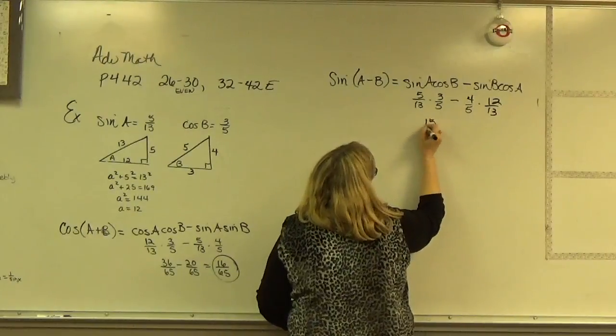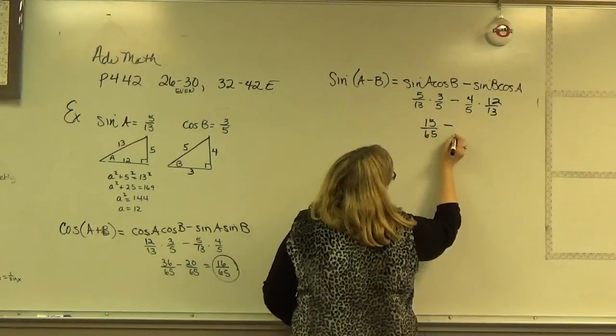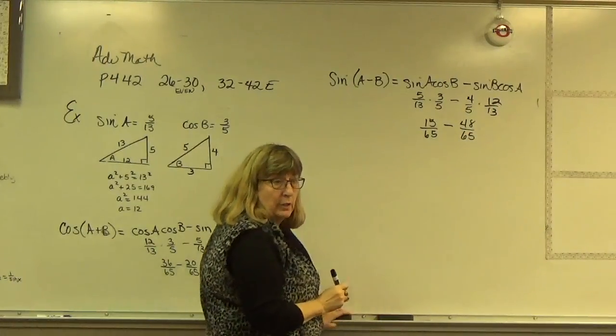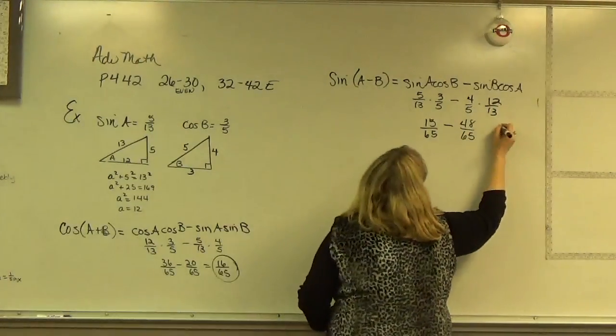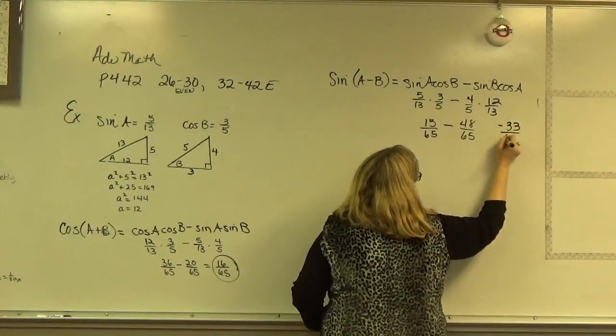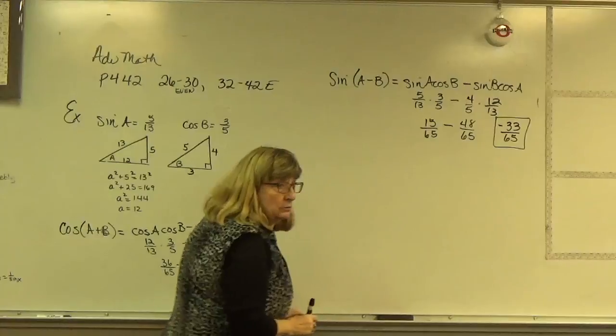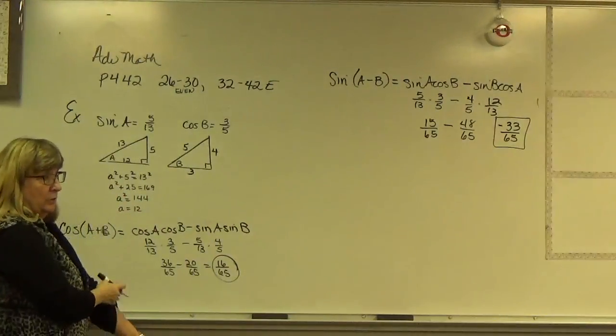So I get 15 over 65 minus 48 over 65. So what am I gonna get? Negative 33 over 65? Yeah. I'm gonna subtract. Everybody follow that one through?